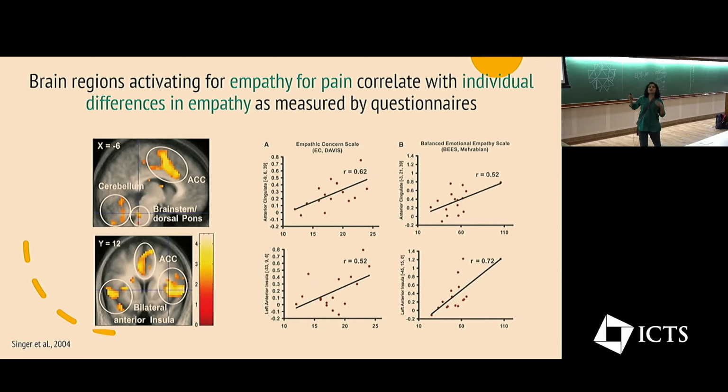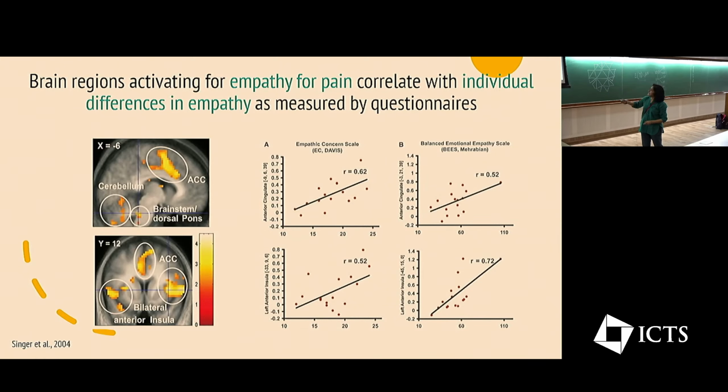People had to respond to a few questions, and based on their ratings, the scores would tell us how empathic one person is as a trait, okay? And those traits were found to correlate with the same people's activity in these two regions.